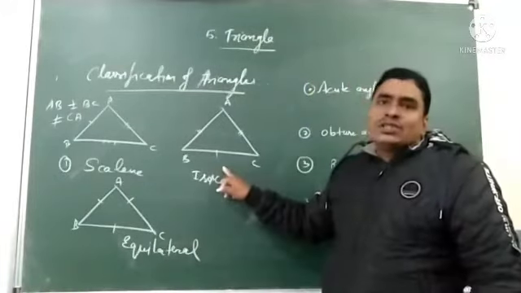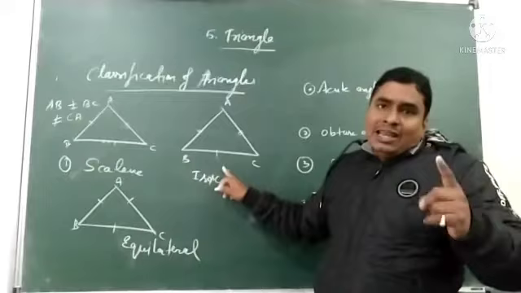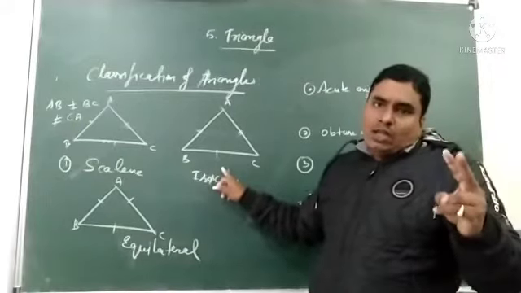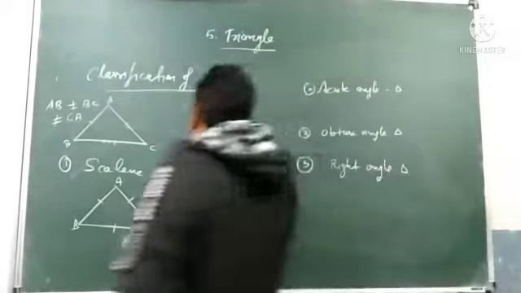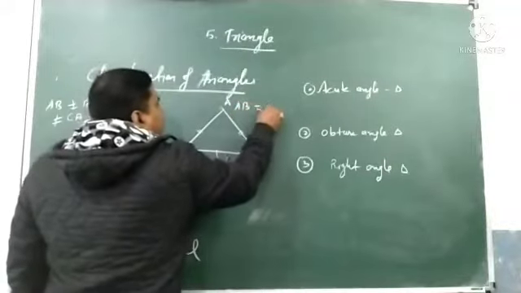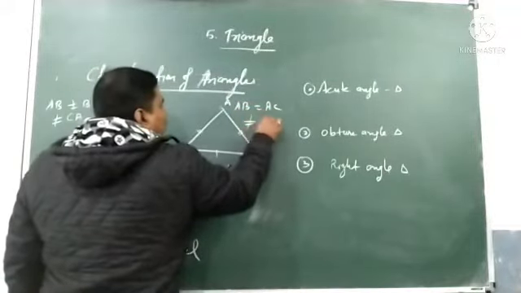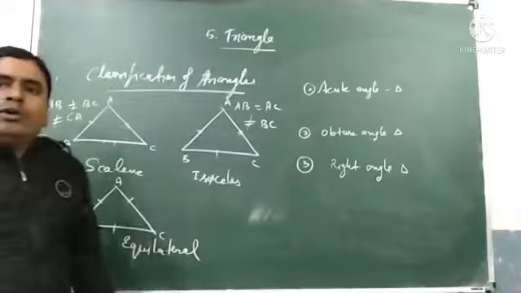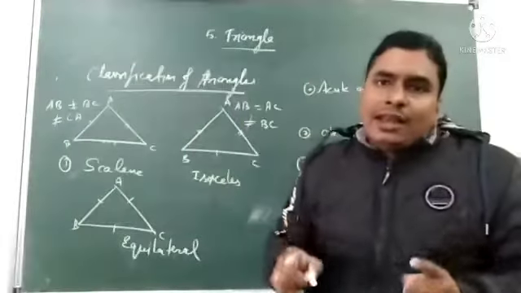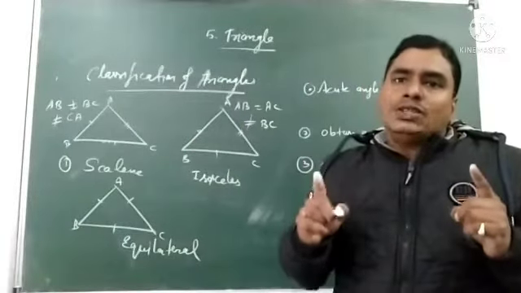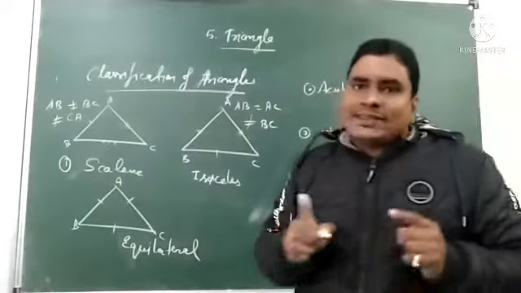Second one, isosceles triangle. A triangle in which two sides are equal. It means here AB is equal to AC, but not equal to BC. In a triangle, if two sides are equal, then it is known as an isosceles triangle.